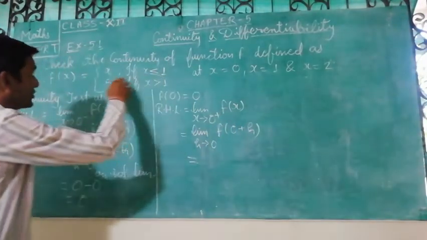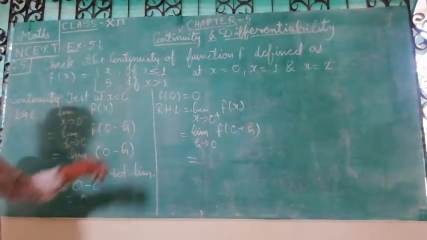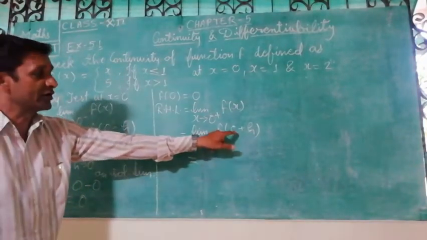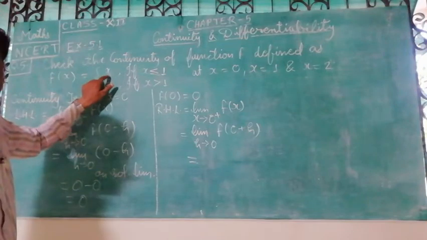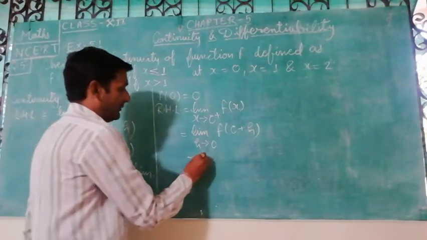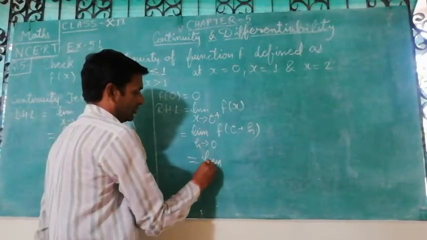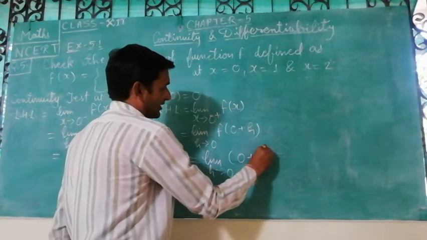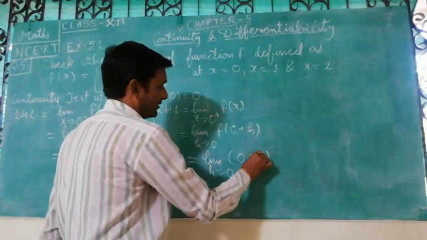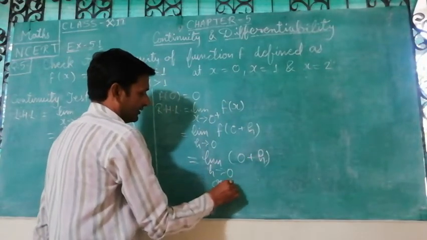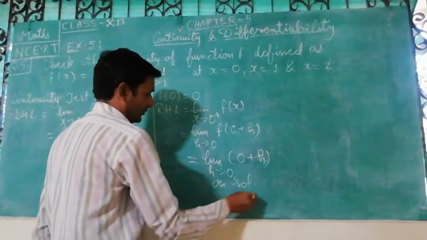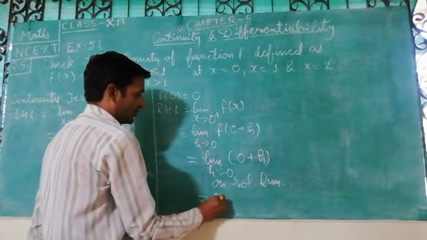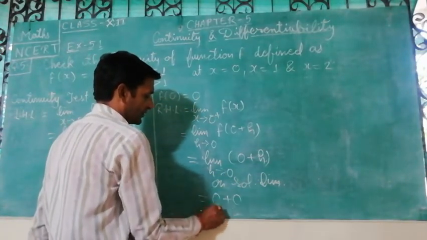Of course 0 plus h is less than 1, so for 0 plus h also this is applicable. So limit h tends to 0 of 0 plus h. On solving the limit it will again be 0 plus 0, which is equal to 0 only.